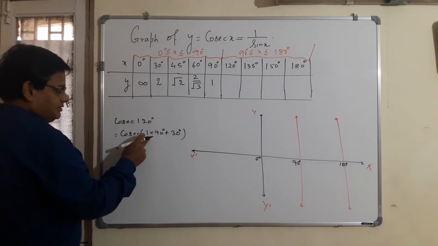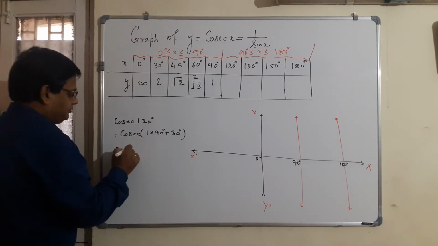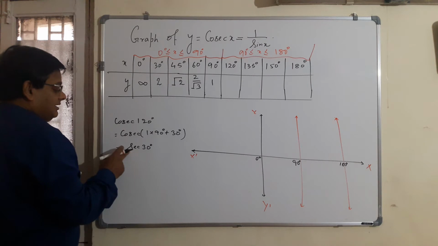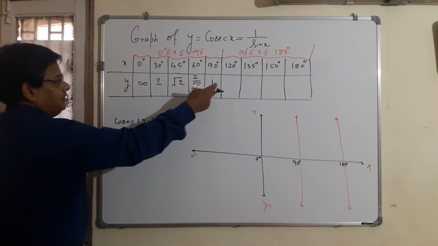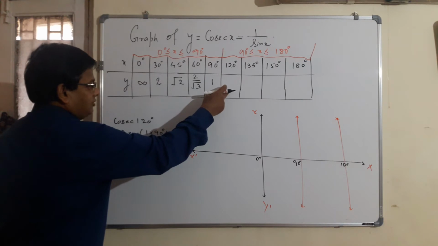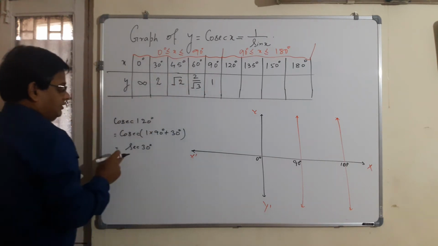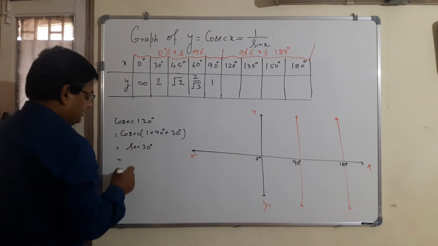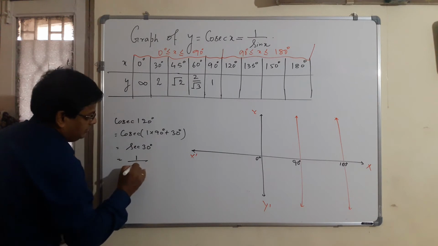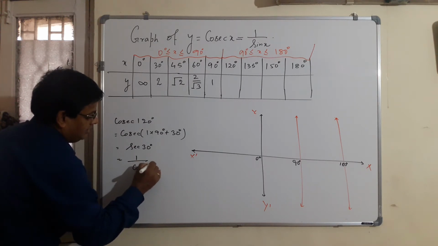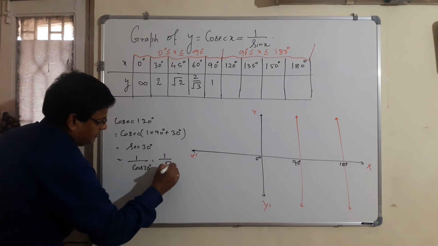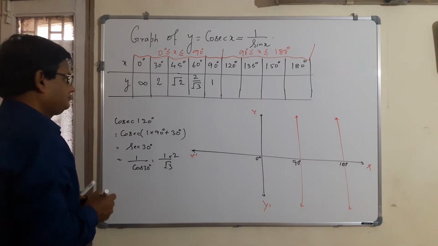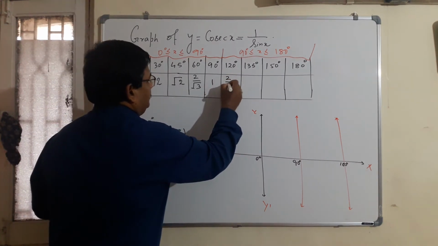Here, as the multiplier is an odd number, cosec changes into sec, so sec 30 degree. Sine and cosec are positive in the second quadrant, so positive sign. We know that sec is 1 by cos 30 degree, and cos 30 degree is root 3 by 2, so it becomes 2 by root 3.